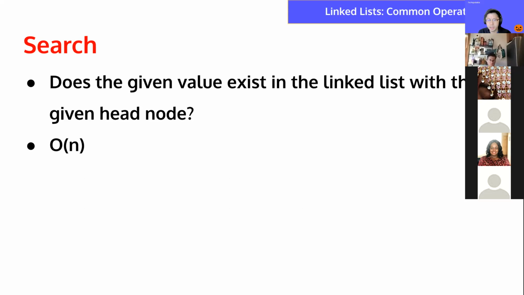And any ideas about why this will also run in O(n)? Because you're just visiting n nodes until you get to the end of the linked list or find what you're looking for. Right.